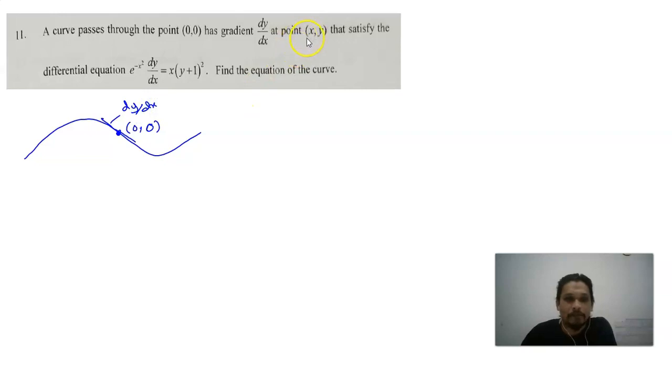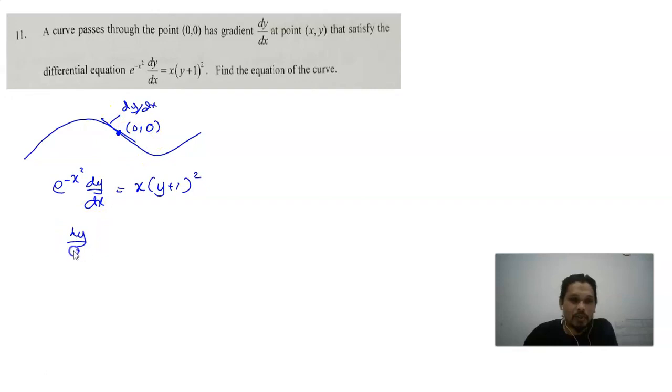The gradient, dy/dx, at the point x, y satisfies the differential equation, meaning e to the power of negative x squared dy/dx equals x times (y plus 1) squared. Let's recall from y equals f(x), dy/dx gives us the gradient of the curve.